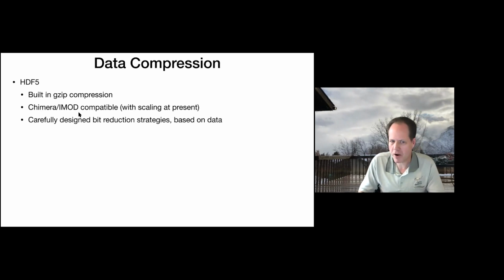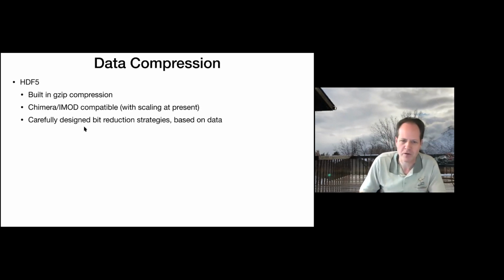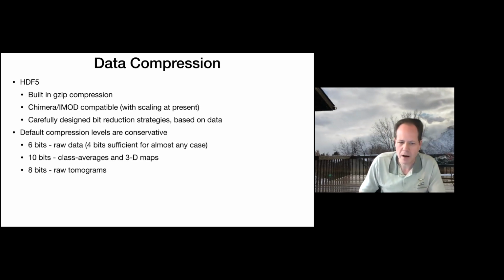And at present they don't know how to do the rescaling to get the original values. But the values that you'd get from Chimera or IMOD are linearly related to the values that you'd have in EMAN. So it's basically harmless. You just need to change your isosurface thresholds and so on. Anyway, so we use that strategy. These are the default levels that we're using right now. You can specify more compression than this if you like in various cases.